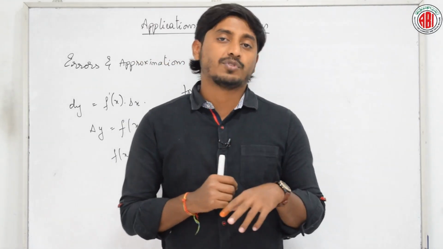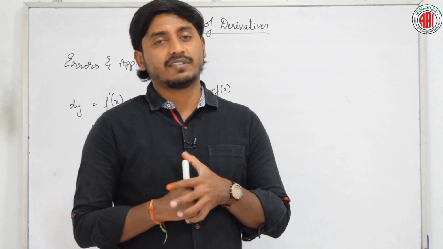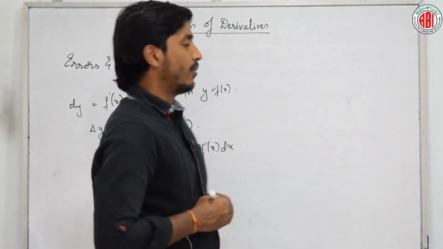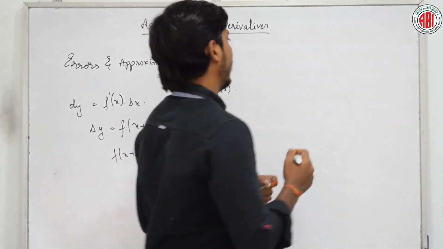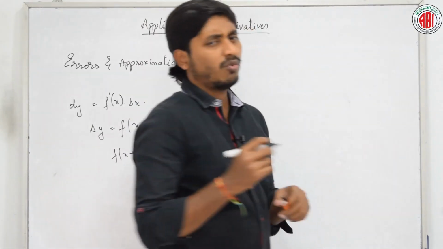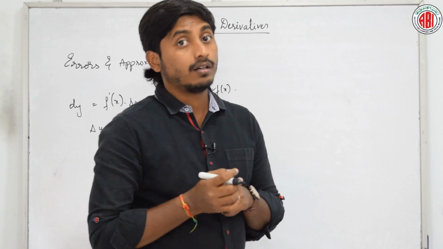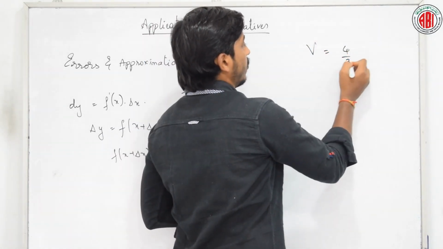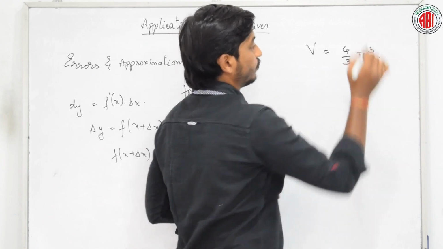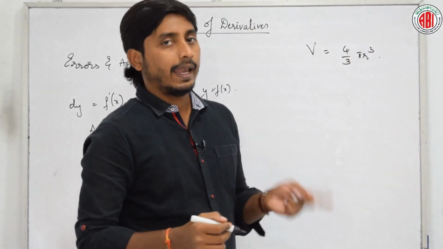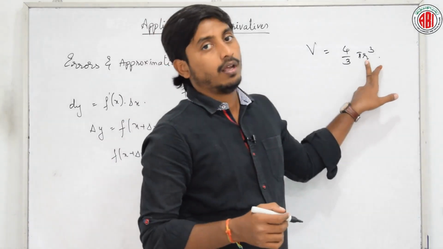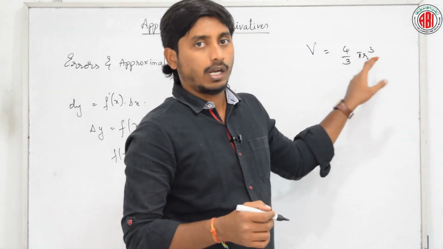When it comes to applications of derivatives, there are numerous applications. Let me tell you a basic example: what is the volume of a sphere? The volume of a sphere is 4 by 3 pi r cube. Now let us differentiate this with respect to the variable r.